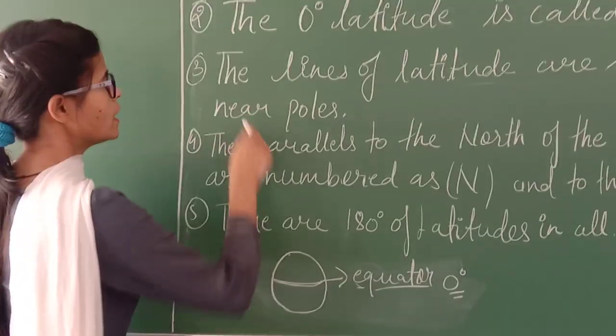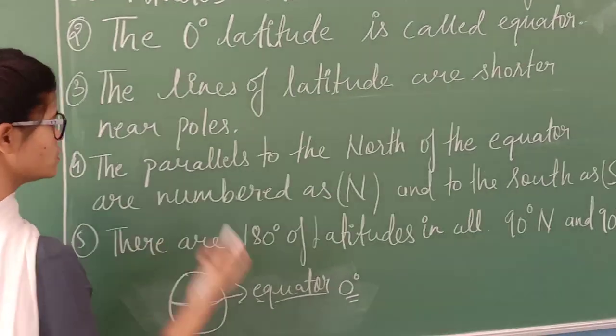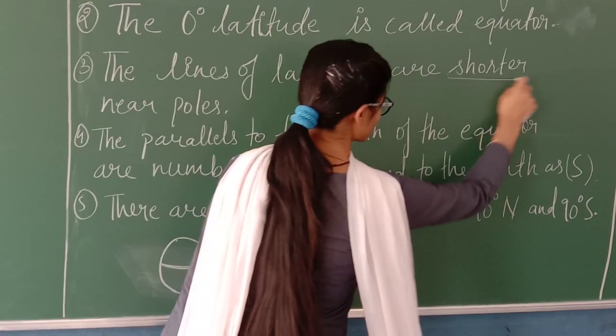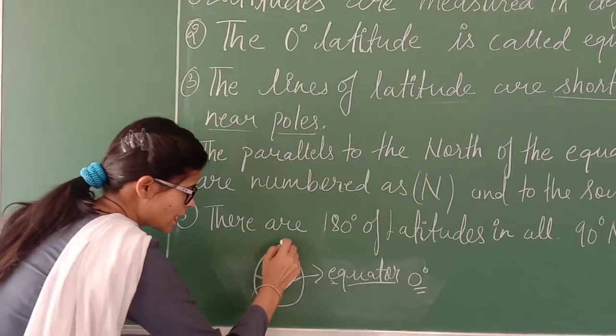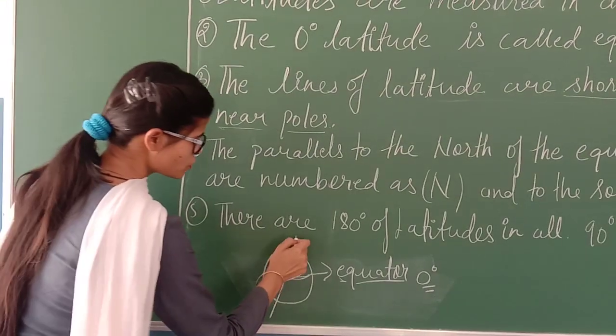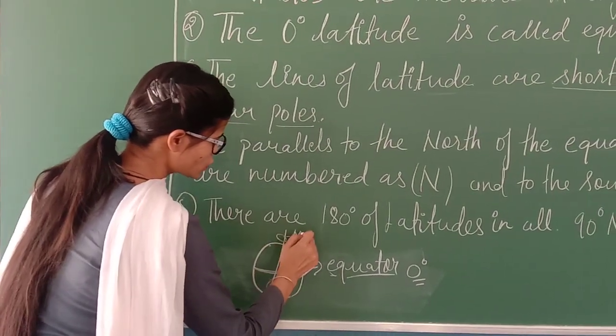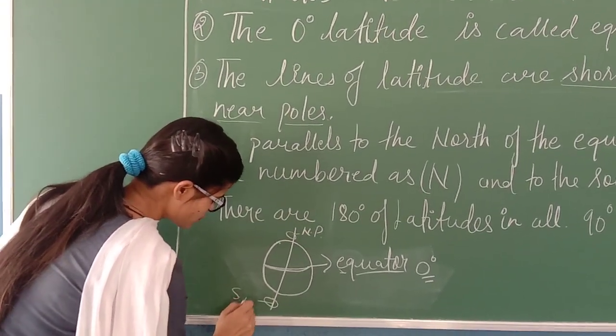Now the third one is the lines of latitude are shorter near the poles. As I have already told you that earth is a little bit tilted. So this is the north pole and this is the south pole.